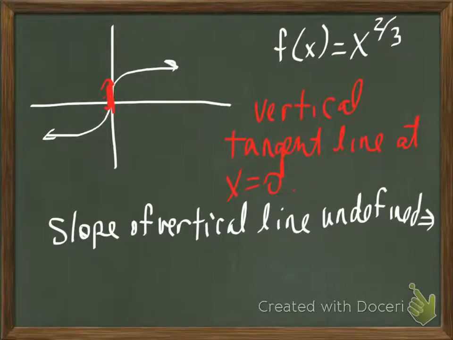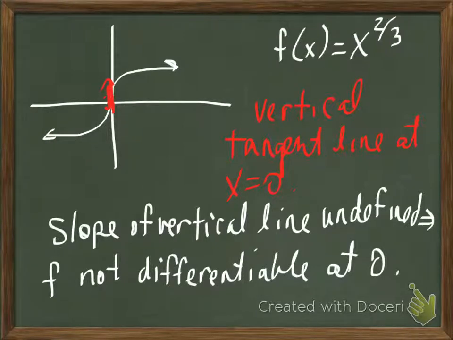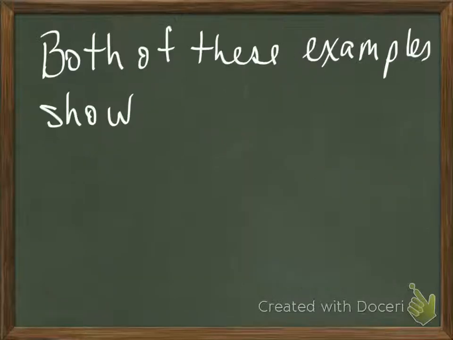Well, the slope of a vertical line is undefined, so that means f is not differentiable at 0, because if the derivative is the slope of the tangent line, and the slope of the tangent line is undefined, that means f prime is undefined. So vertical tangent lines are no good in terms of differentiability. And neither are corners. Cusps fail for the same reason as corners. You have different possibilities for tangent lines as you approach your cusp.